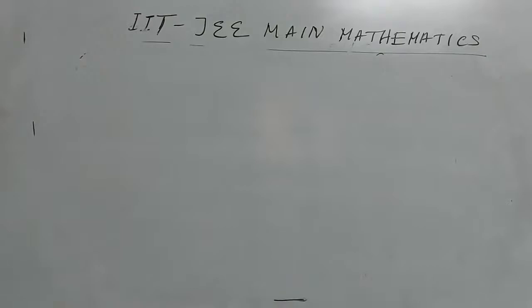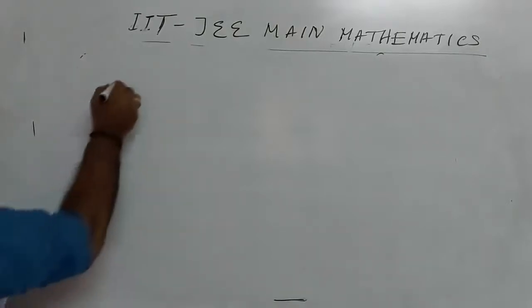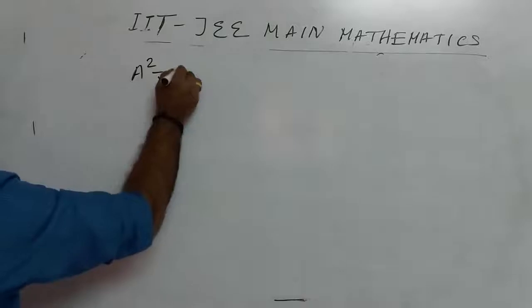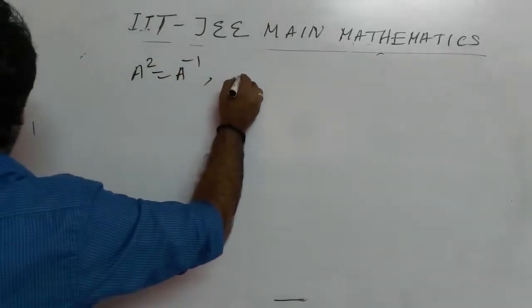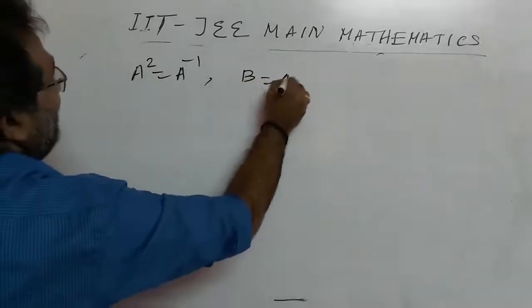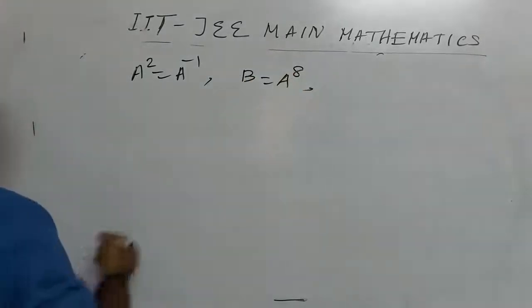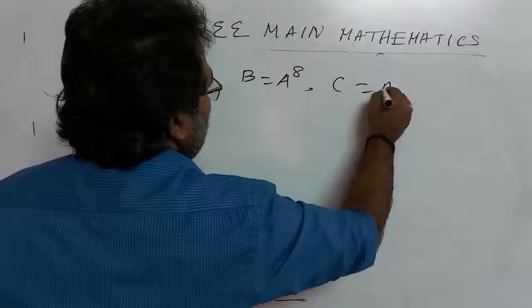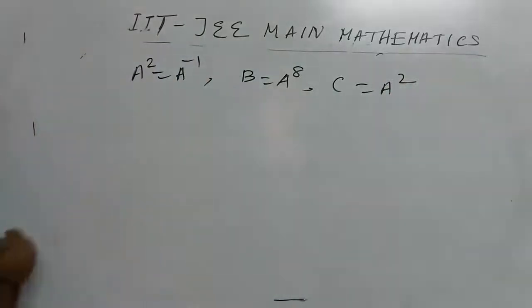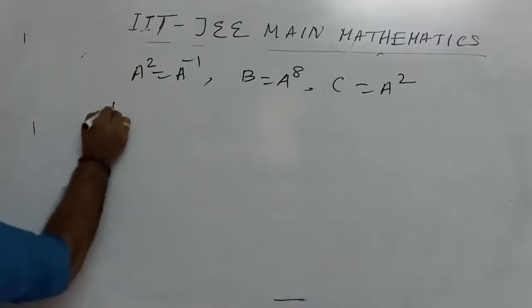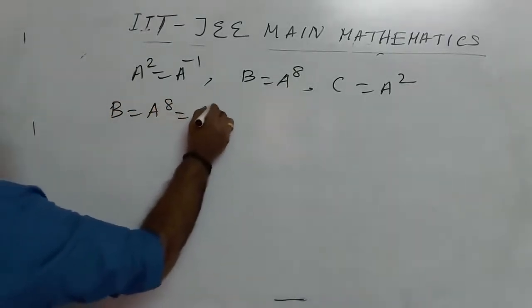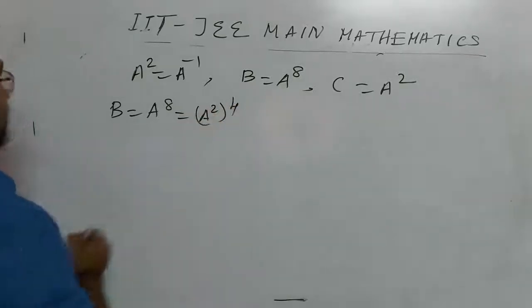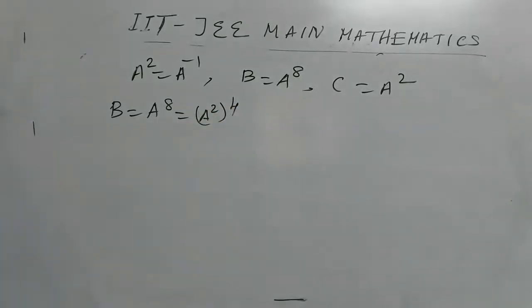Okay. Here, A squared equal to A inverse, B equal to A power 8, C equal to A squared. B equal to A power 8, that is A squared whole power 4.